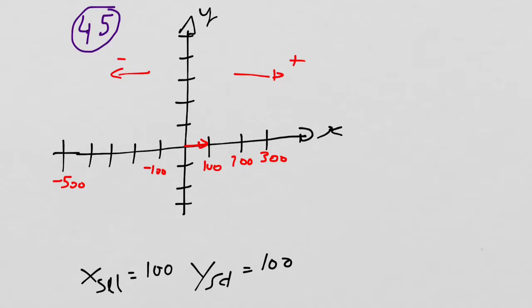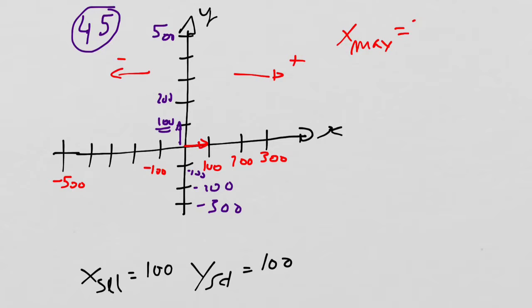Now, if I do the y, same idea. I'm going to have on the y minus 100 for the first one, minus 200, and minus 300. And on the top, 100, 200, up to 500. Why? Because for 1 unit, I get 100. That's the y scale. So my x max is going to be 300.